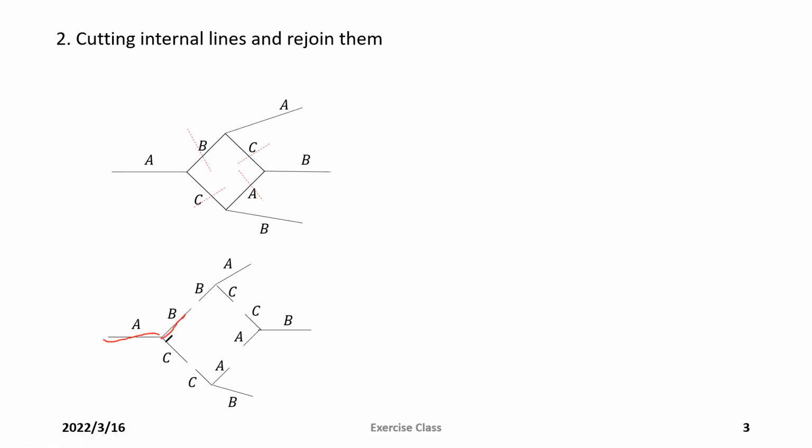NA equals NB equals NC equals 4. And then we start to rejoin them. So for example, we can rejoin these two. And after we rejoin them, this will become internalized.